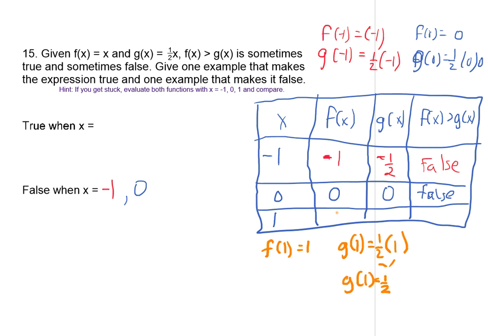So let's check, is 1 greater than 1/2? And the answer to that is true. Okay, so when x equals 1, the statement is true. When it's not equal to 1, so when it's negative 1, 0, or anything negative, it's not going to be true.